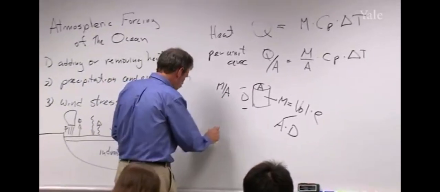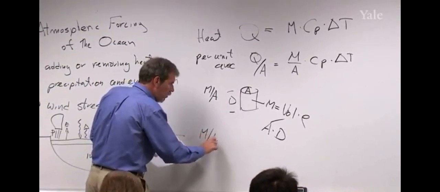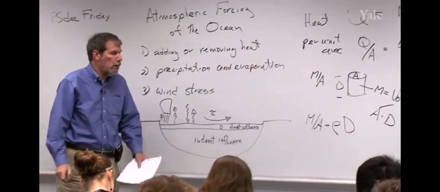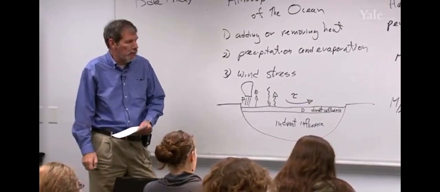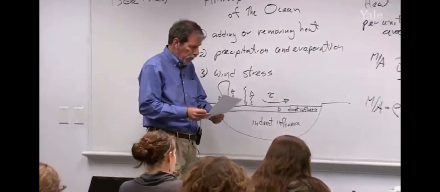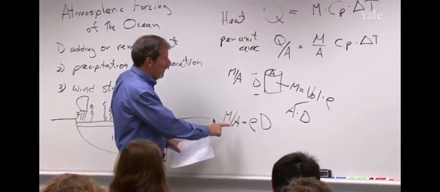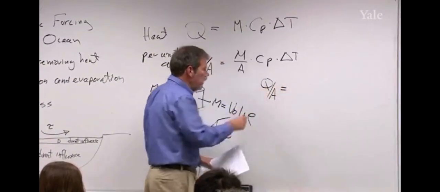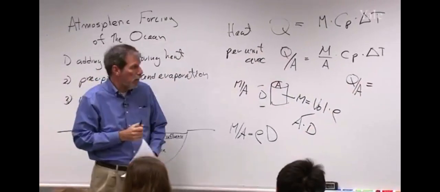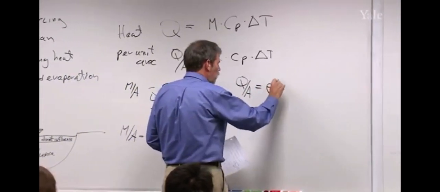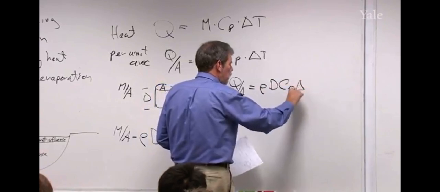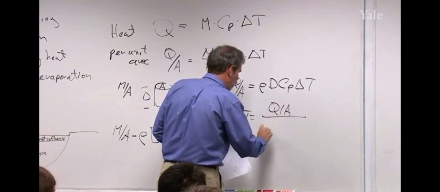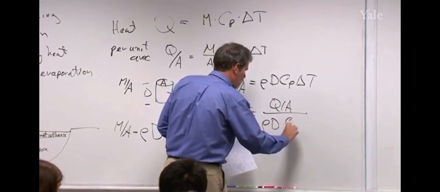So the mass per unit area here, which divides out the A, is going to be the product of rho D, the water density times the depth of the layer that I'm considering. So then let me just take that and plug it into this formula. I get Q over A. That's the heat being added per unit area. Plugging this in, I get rho D Cp delta T. And solving that for delta T, I get Q over A over rho D C sub P.